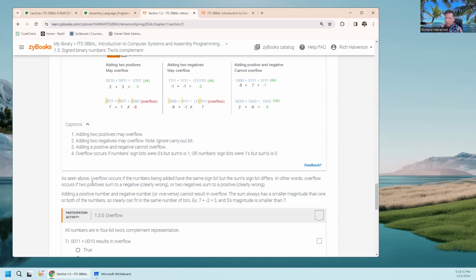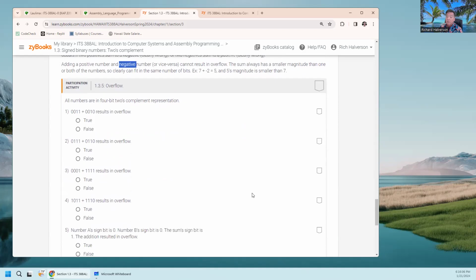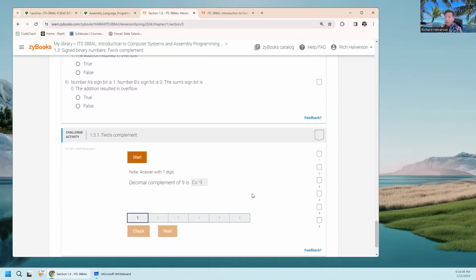In other words, overflow occurs if 2 positives sum to a negative number, or if 2 negatives sum to a positive number. But if you add a positive and a negative, you'll never overflow, so you don't have to worry about that case. All right, so that's overflow.